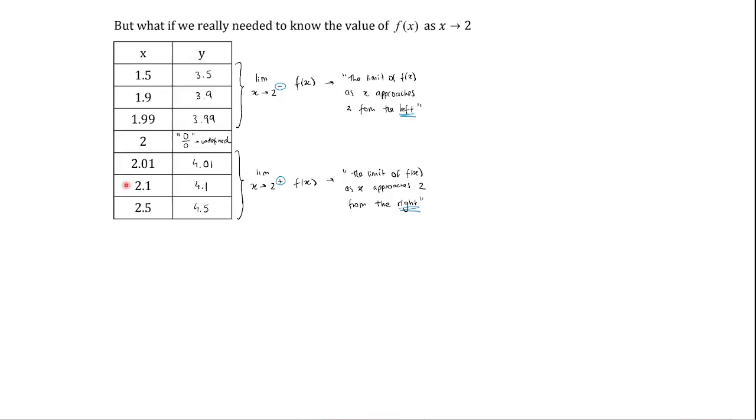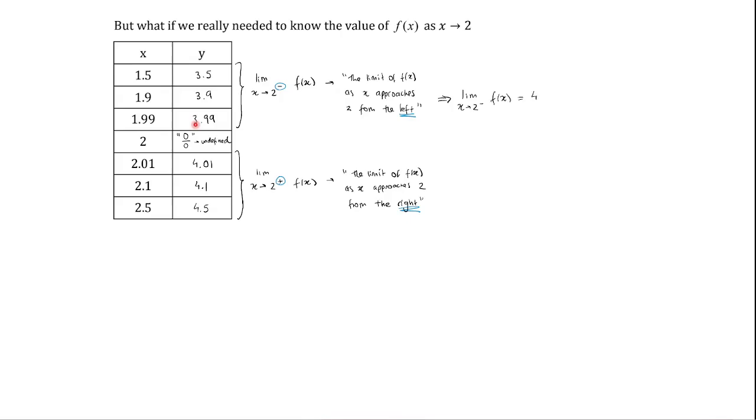Okay, and what are we seeing? What is the limit? What is the value that f of x is approaching as x approaches 2 from the left? Well, it seems like we are getting really, really close to 4, right? And so that's exactly what we are going to have. We have the limit as x approaches 2 from the left of f of x is equal to 4.